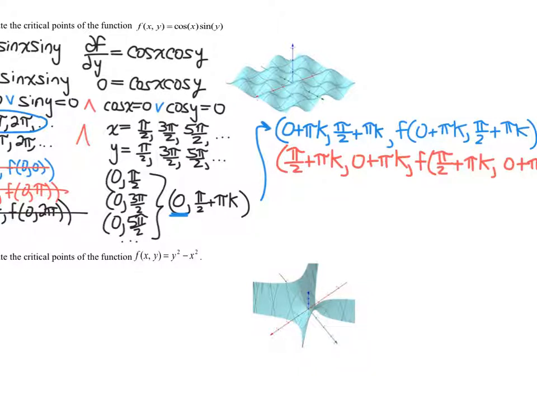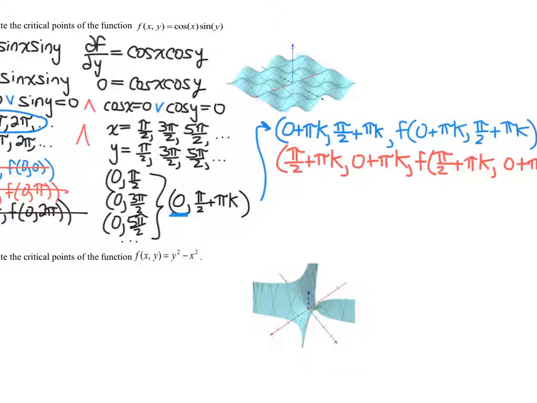If I did, let me see if I can find one that works. I need one of these. Actually, all of these are going to give me saddle points. Oh, no, this set will give me extrema. Because if I put a cosine of 0, that'll give me a 1.